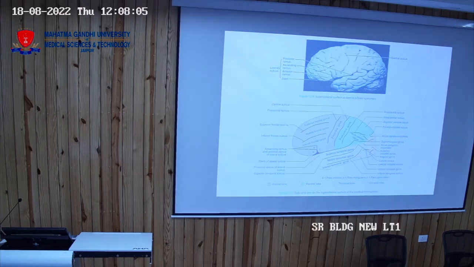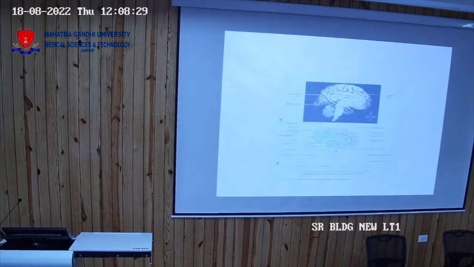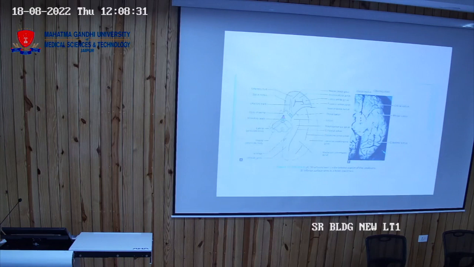It has three borders. The borders are, look at this one. This is called the superior-medial border. And look at this one, downward, that is called the infero-medial border and infero-lateral border. That I will show you in another diagram. Look here.